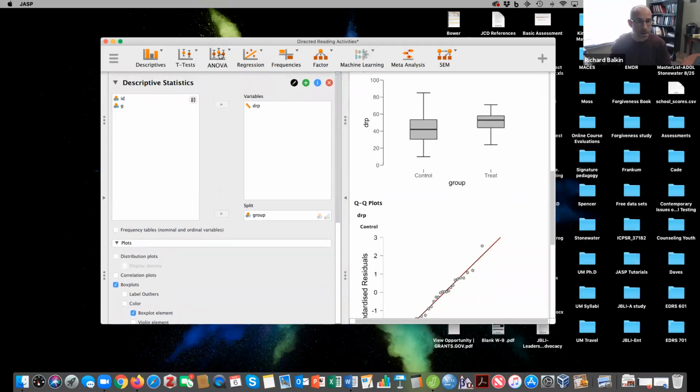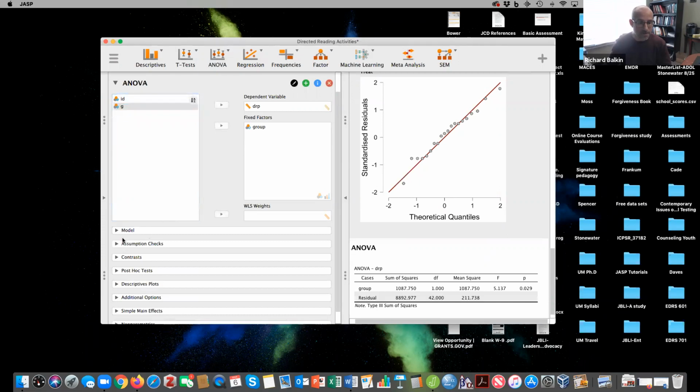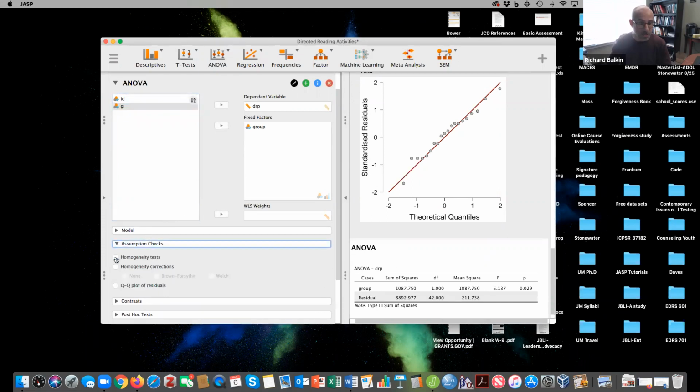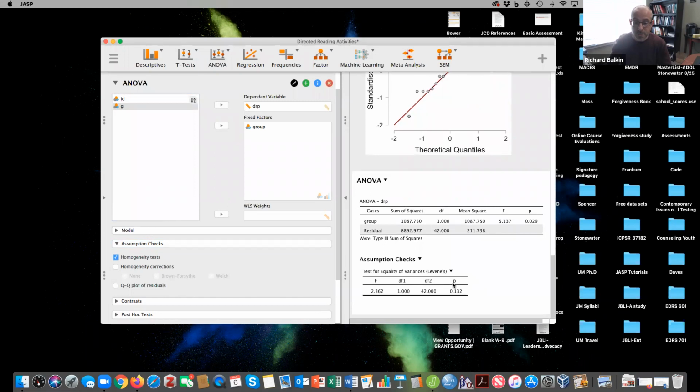From here, I'm going to click on ANOVA, and I'll put in my dependent variable here and my independent variable under fixed factors. The first thing I want to do is check my model assumption to make sure that my variances are similar. And we can see, again, there's no statistically significant differences between my variances in my groups.